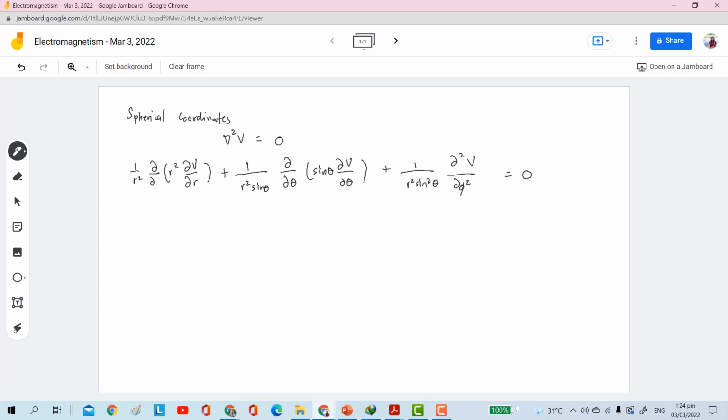So this is equal to 0. This is the spherical Laplace equation.